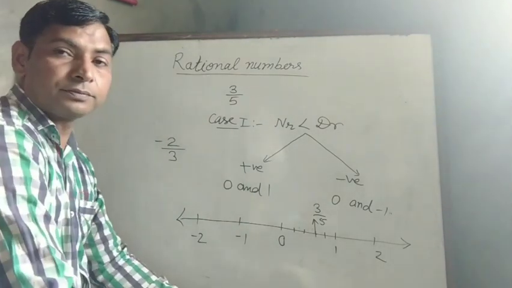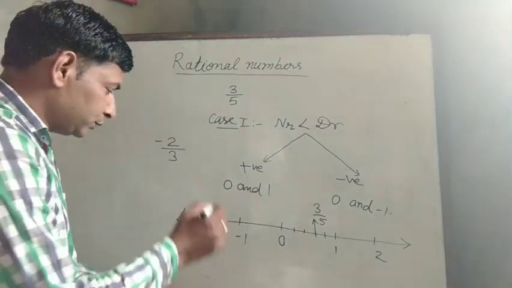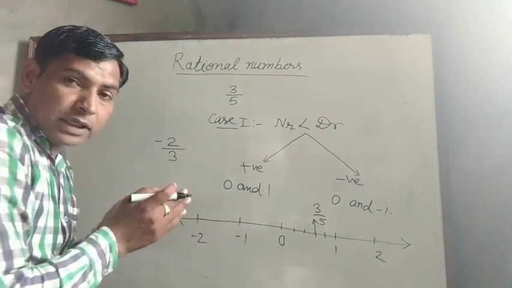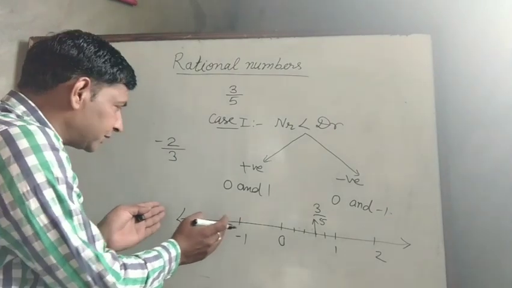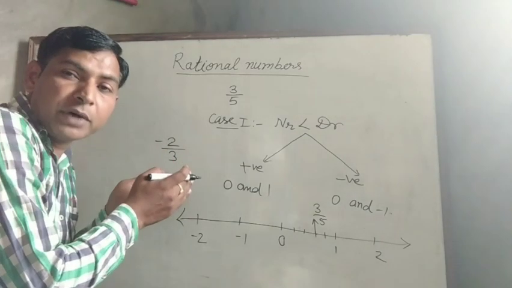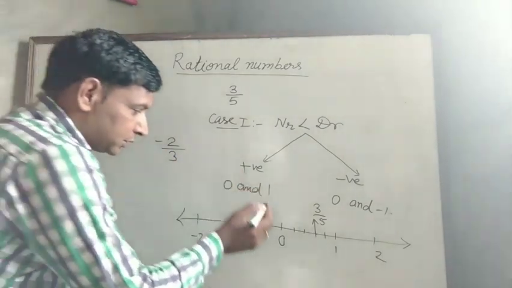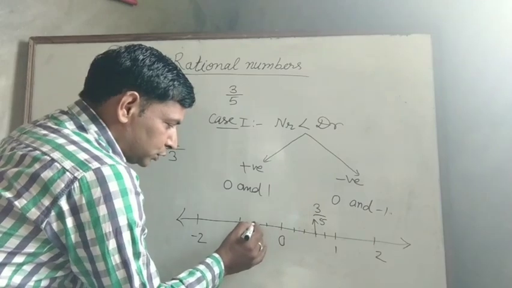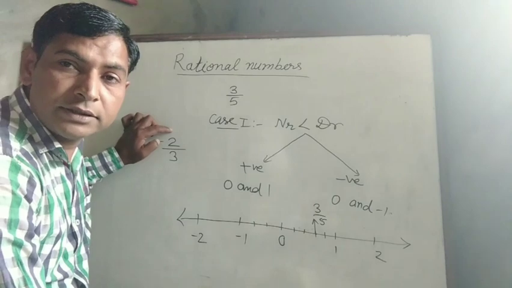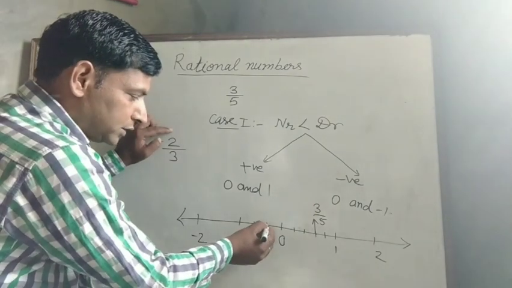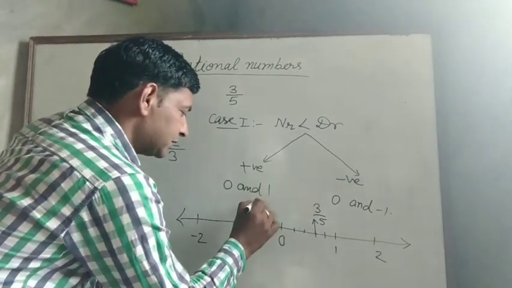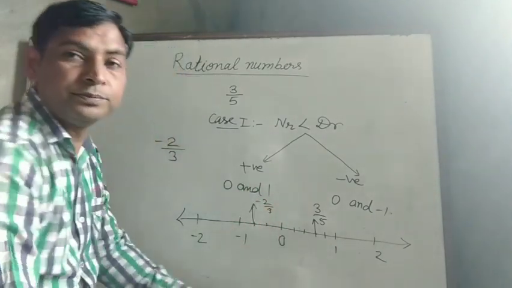Now we divide the number line between 0 and minus 1 into 3 equal parts: 1, 2 and 3, and we take the second one: 1, 2. It represents minus 2 upon 3.